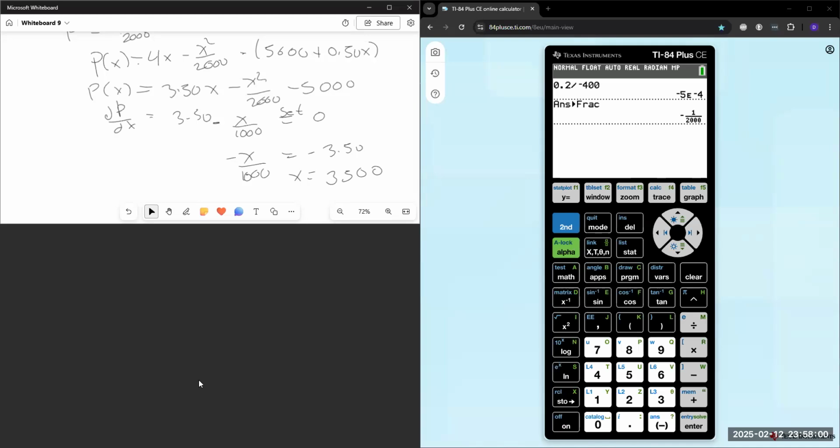So then I'm going to want to stick 3,500 back into my price equation to see what I should set my price at to make my demand that.